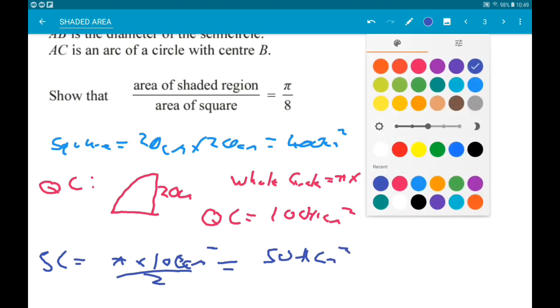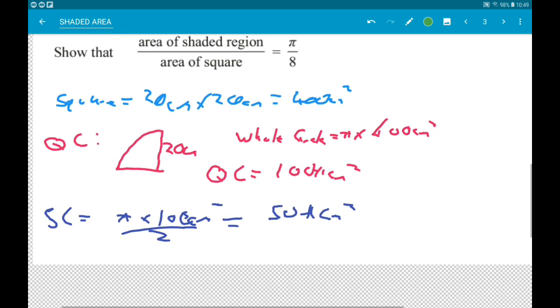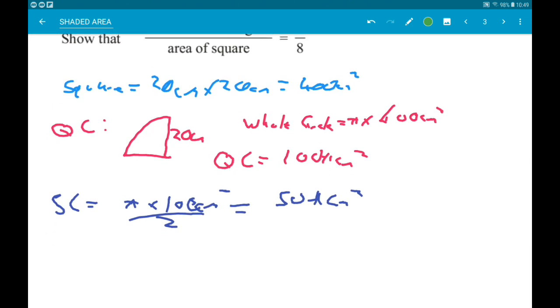Okay, now what this allows us to do is we can now work out the shaded area. So the shaded area is the quarter circle minus the semicircle. So that's going to give us 50 pi centimeters squared.